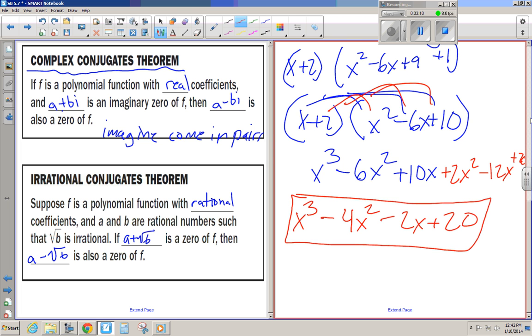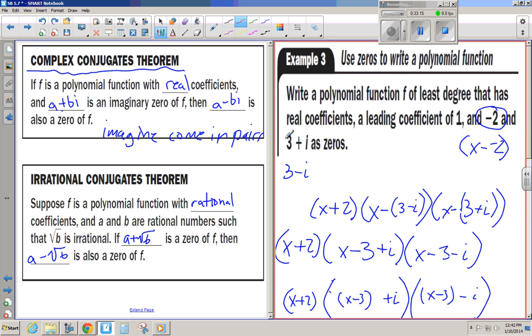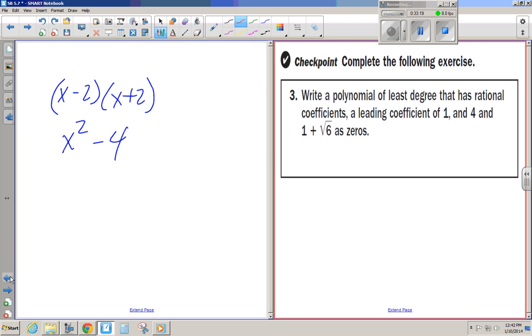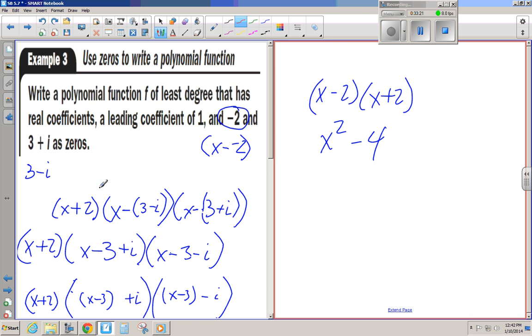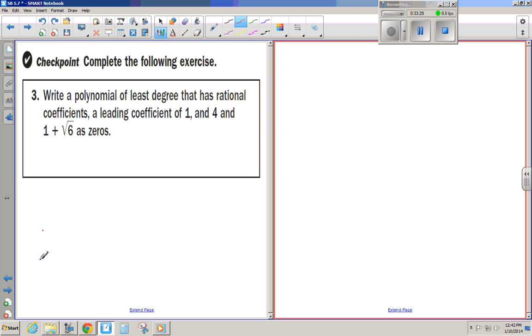This equation will have these as its zeros. So let's try it. All right, if we were dealing with just 1 and 4, that means x minus 1, x minus 4.